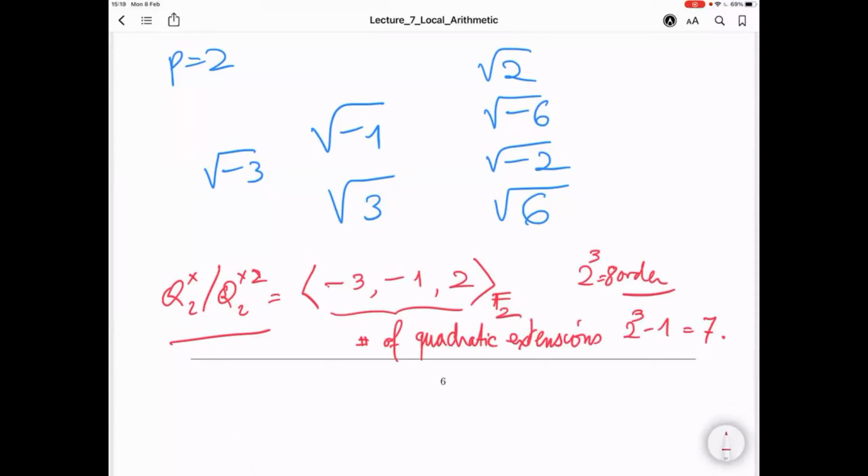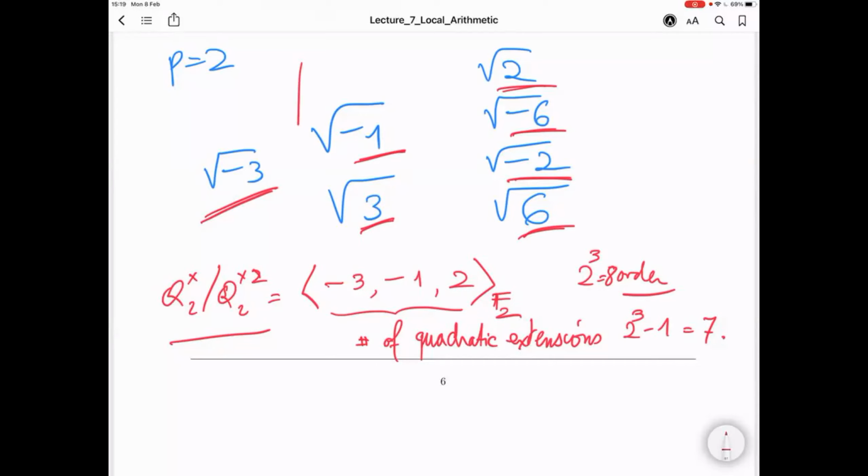And here are these 7, right? You adjoin the square root of minus 3, or the square root of minus 1, or the square root of 3, or the square root of 2, or of minus 6, or of minus 2, or of 6. These are the 7 quadratic extensions of Q2.